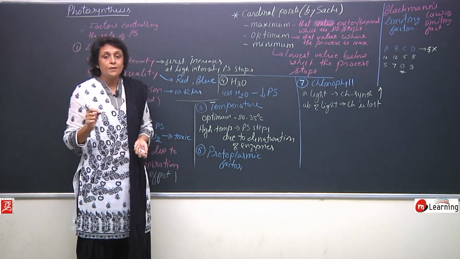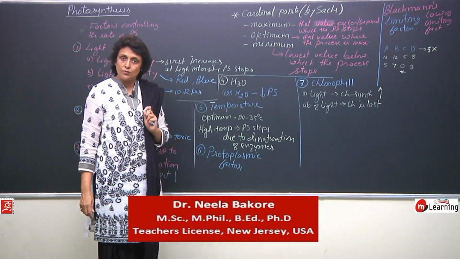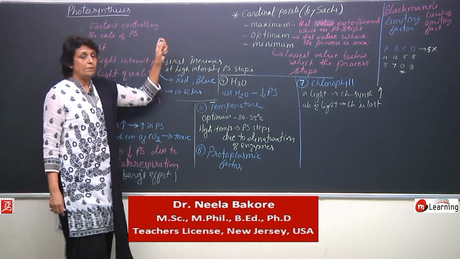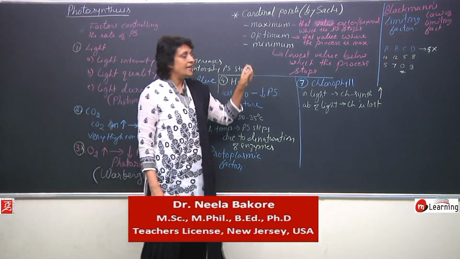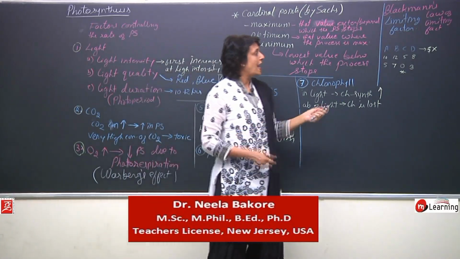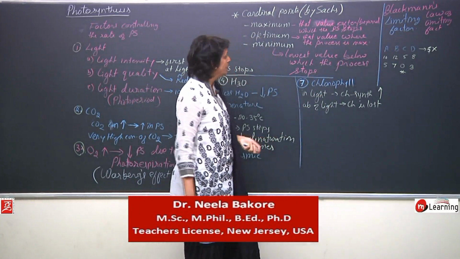Which one will act as limiting factor? The one which is in its least quantity or concentration. So Blackman mentioned that the least concentration substance or factor would act as the limiting factor, and that's why it is known as Blackman's law of limiting factor.